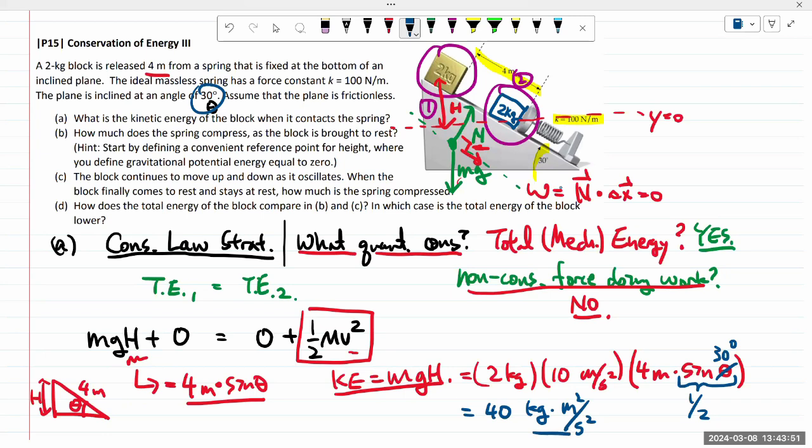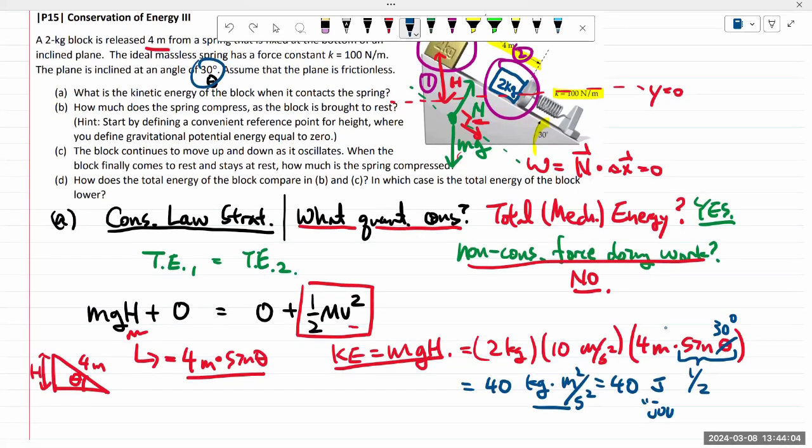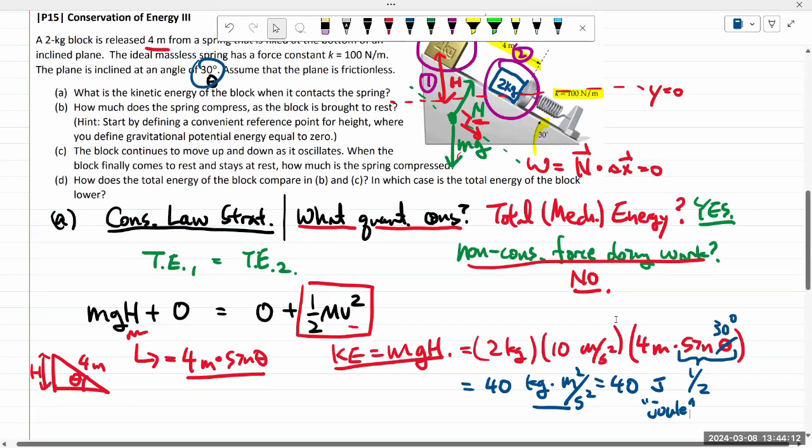And this is the unit of energy that we call joule. 40 J or 40 joules. It's named after a guy who did a lot of work in thermodynamics. There are things in thermodynamics named after him, so he did a lot of work involving energy. So yeah, that's the kinetic energy of the block when it contacts the spring, 40 joules.